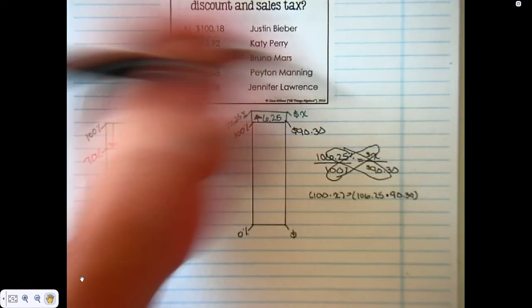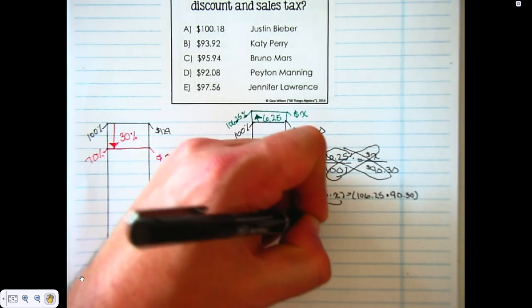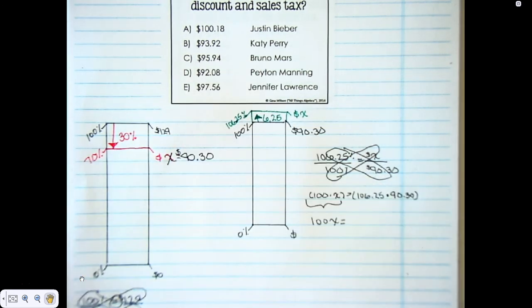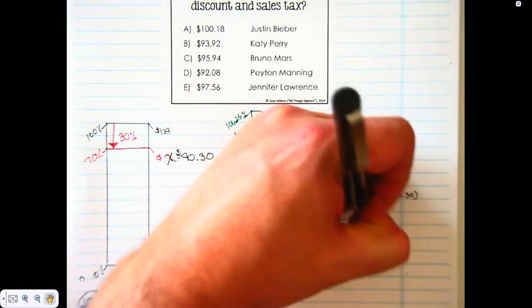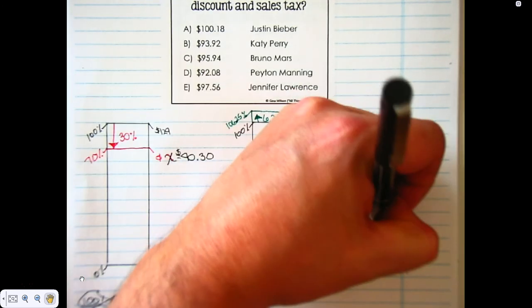All right, let's go ahead and multiply it out. 100 times x, we just know that's going to be 100x. 106.25 times 90.30 equals 9,594.375.